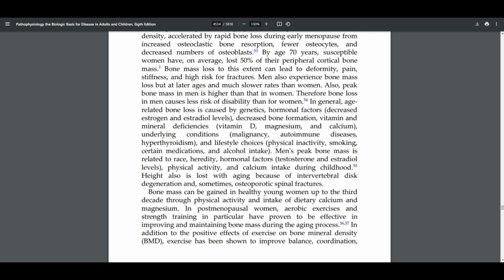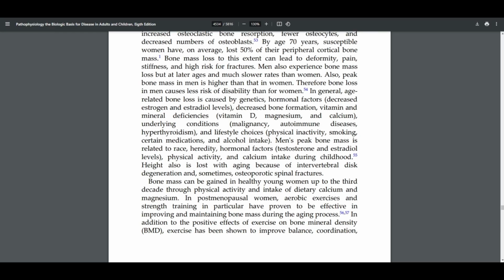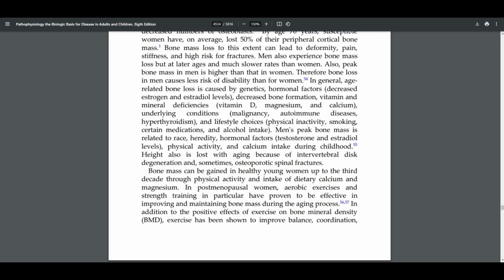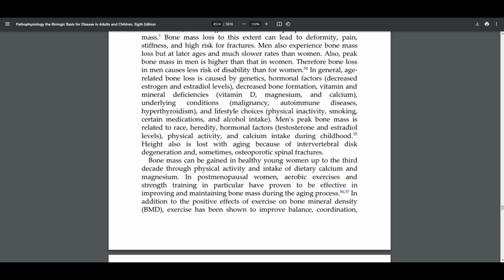In general, age-related bone loss is caused by genetics, hormonal factors, decreased bone formation, vitamin and mineral deficiencies, underlying conditions, and lifestyle choices. Men's peak bone mass is related to race, heredity, hormonal factors, physical activity, and calcium intake during childhood.